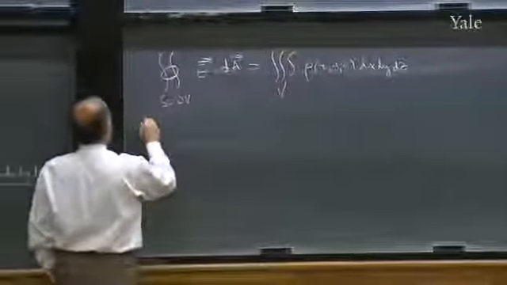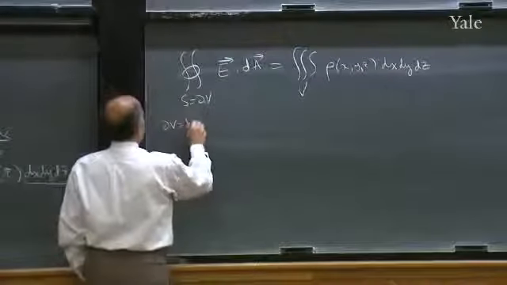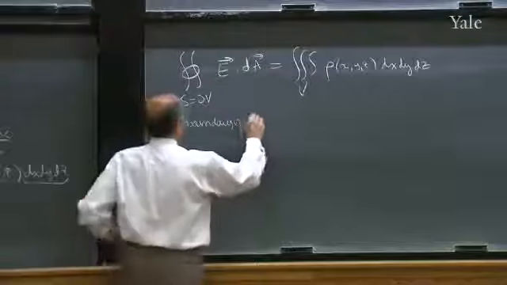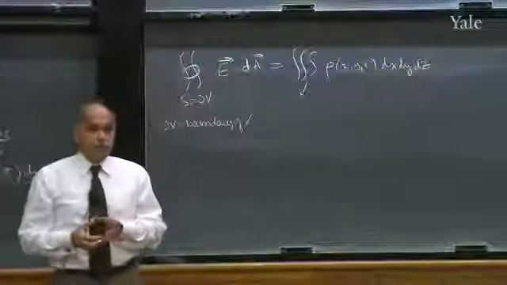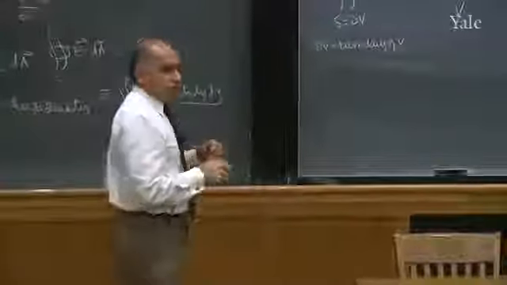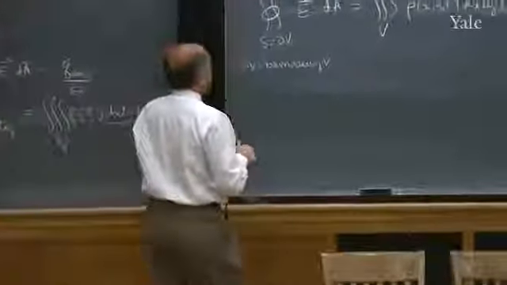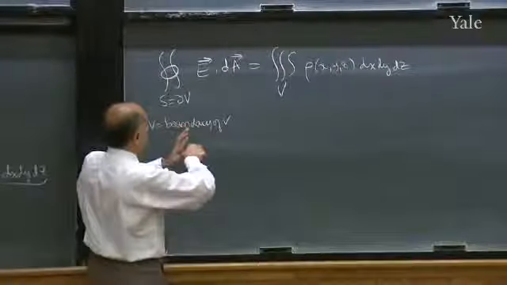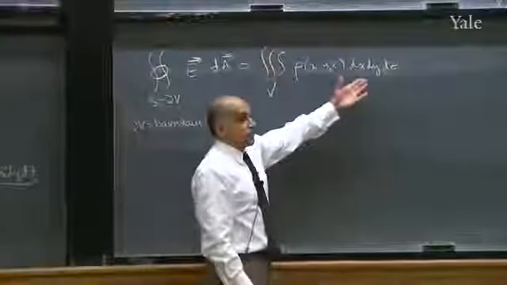And S equals dV. dV is the boundary of V. Now, in other words, if V is like a potato, the skin of the potato is dV. Therefore, if the potato is full of charge, it will emit some electric flux, and the surface integral of the electric flux over the skin of the potato is the charge enclosed inside it.